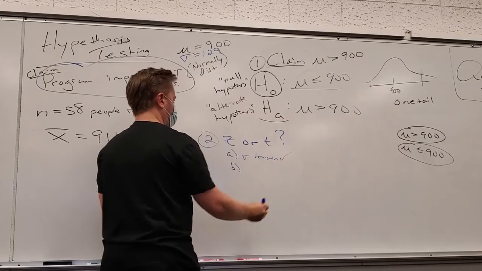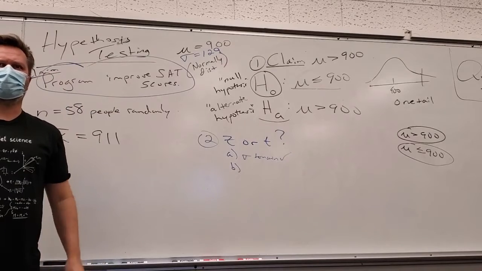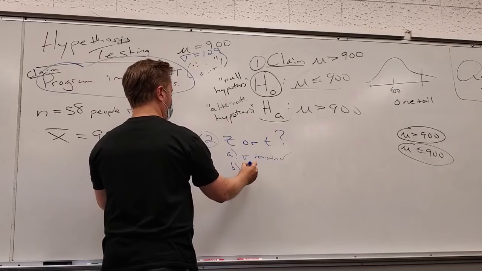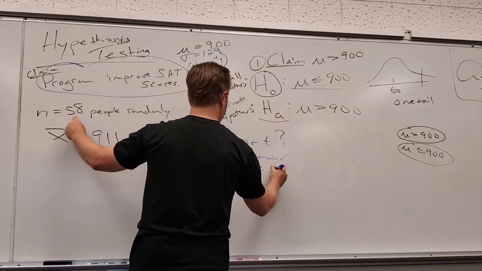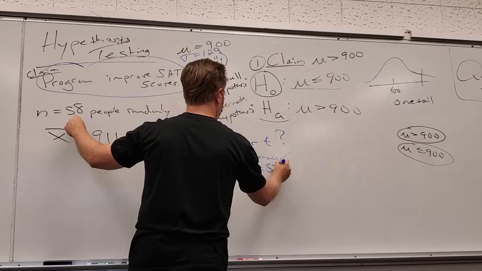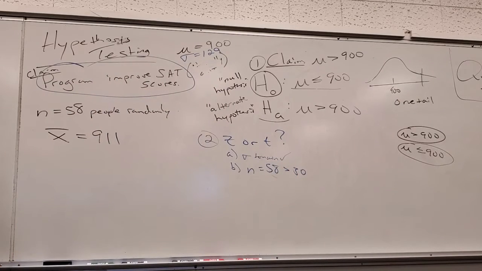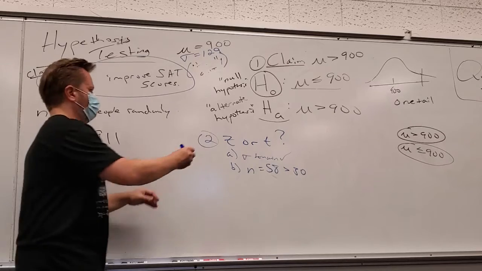More importantly, we have to know if it's normally distributed, and even if I didn't say this, why do we know it's normal? Sample size bigger than 30. So the first step sets up what we're trying to show. The second step is, what are you going to use to talk about this? Z or T? In this case, we're going to use Z-scores.